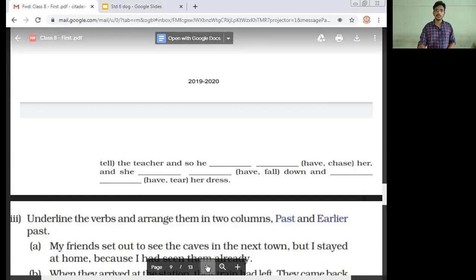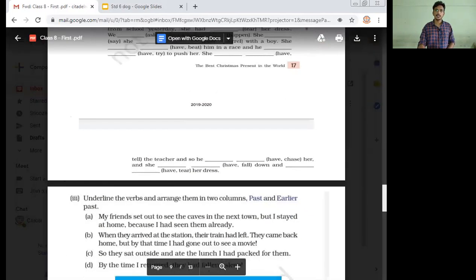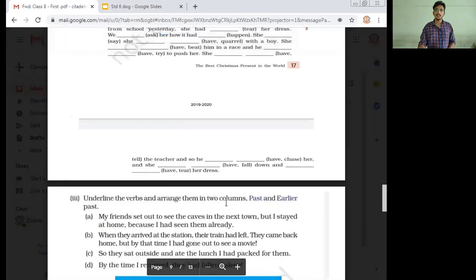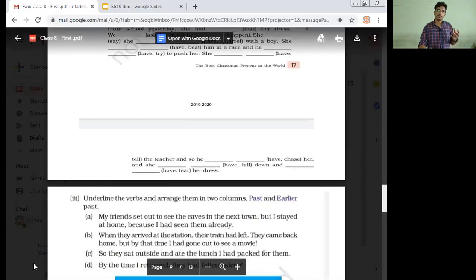And you have to make sure that your answer is correct. Otherwise, make sufficient changes in your answer. So this is about the homework. So today we are going to deal with, last day we discussed simple past tense and past perfect, right?